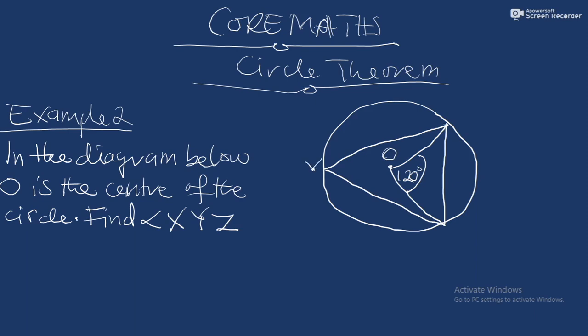So this is our Y, this is our Z, and this is our X. In the diagram below, O is the center of the circle. Find angle XYZ.